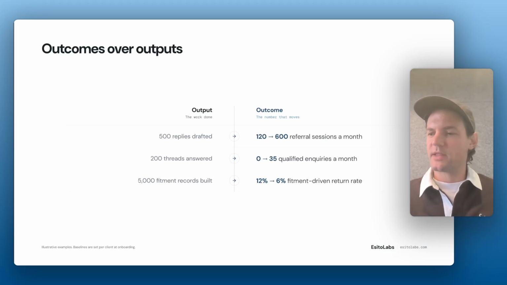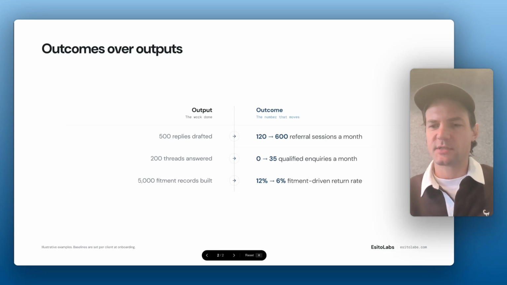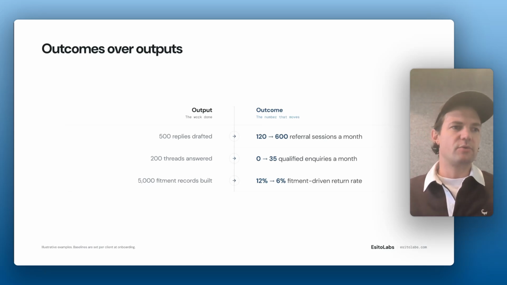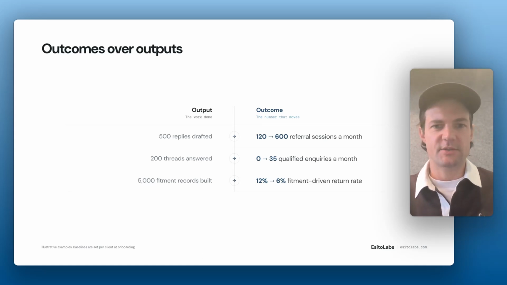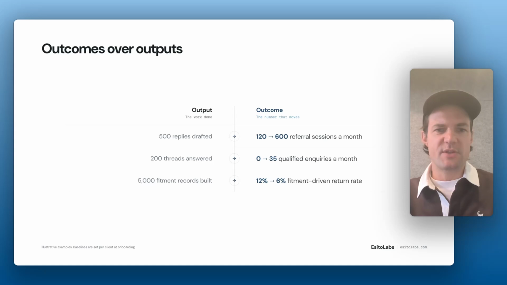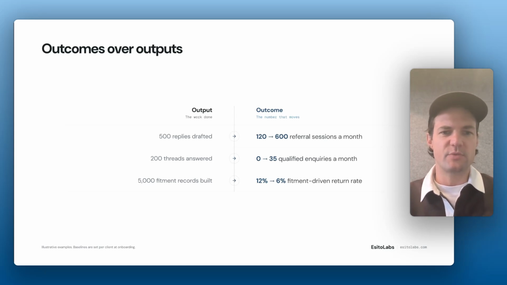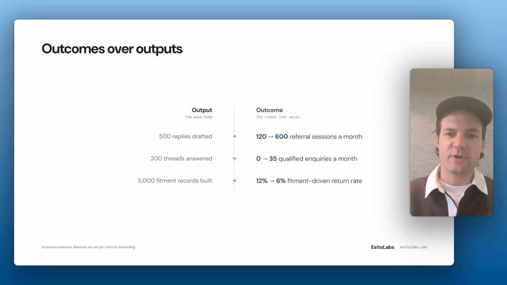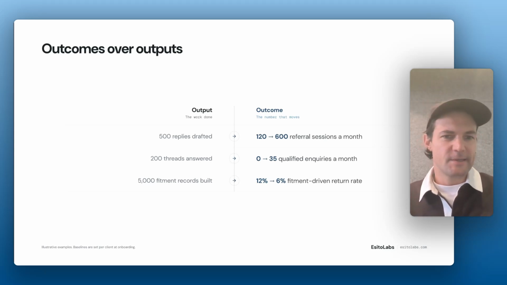The way that we are approaching agents is to deliver tangible, measurable results for clients. If we go back to the Reddit example we've just been through, an example of an output would be just 500 replies drafted, whereas an outcome is taking the number of referral sessions from Reddit from, for example, 120 to 600.